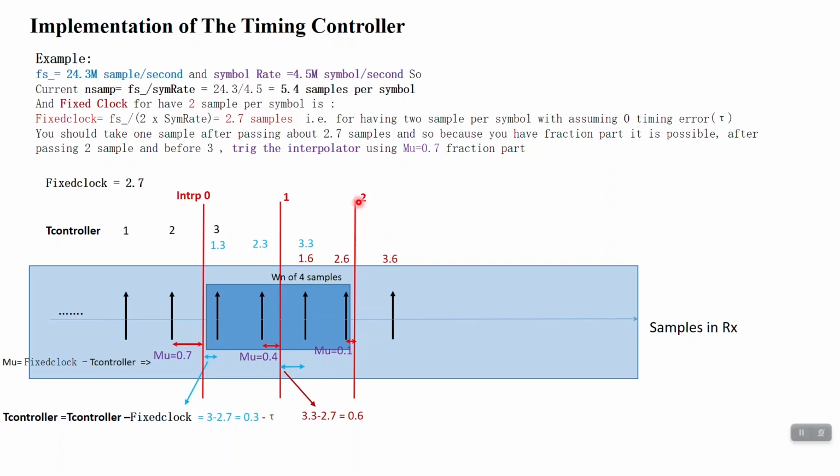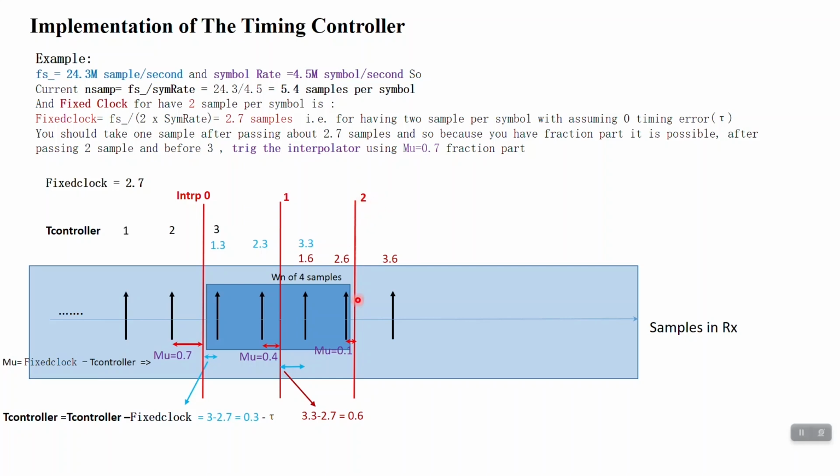The timing error detector works with the symbol clock. As you can see, you can simply count the interpolated samples and after every two samples interpolated, trigger the Gardner timing error detector to calculate the timing error, then update the loop filter value, and then pass the output of the loop filter to the timing controller.